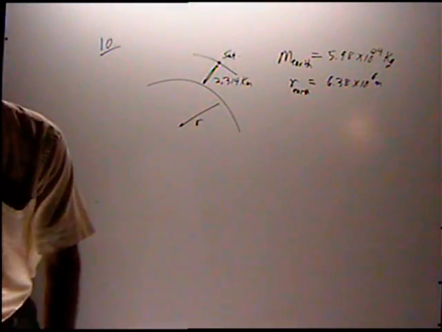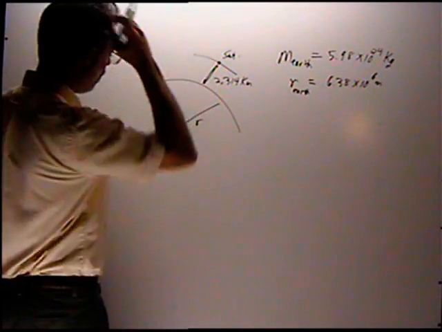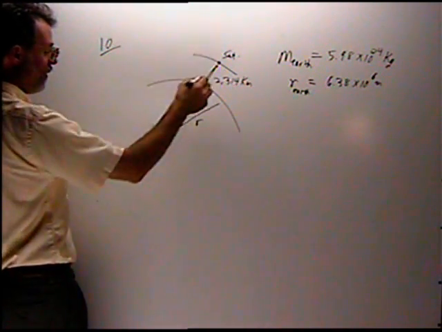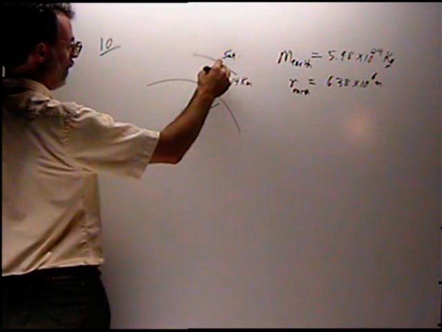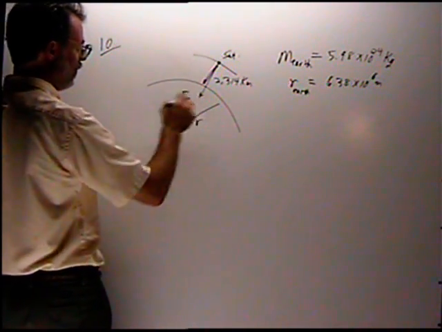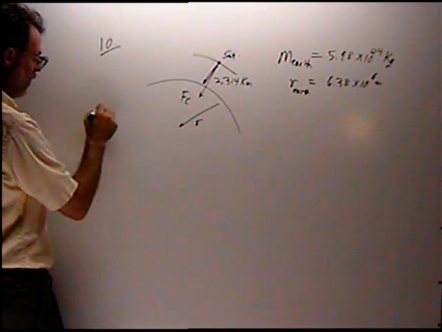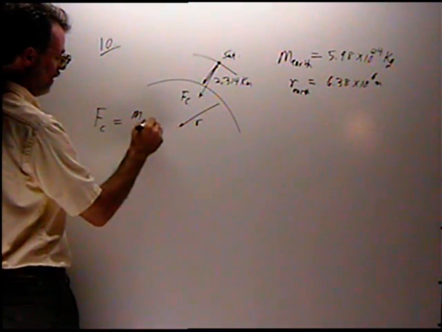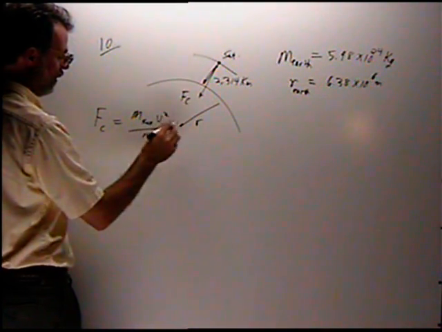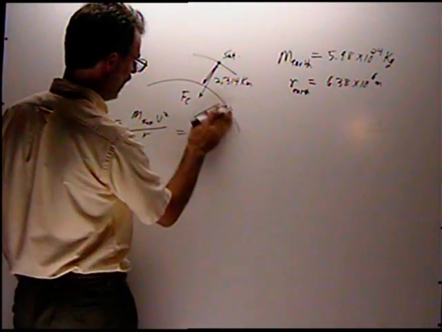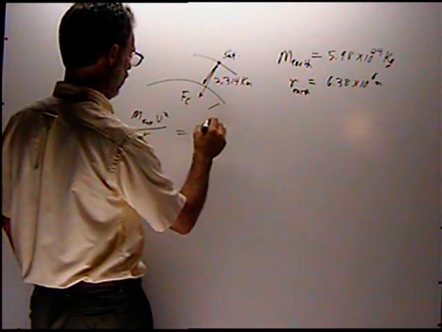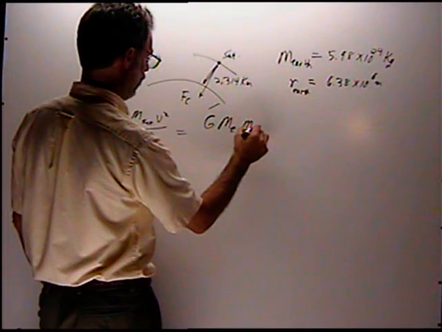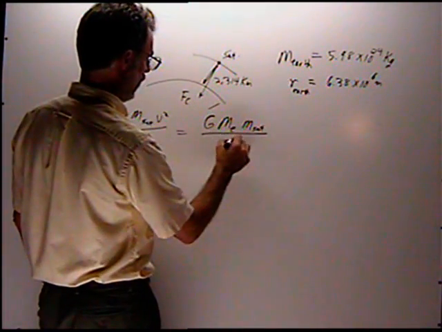Okay. Well, this is the very same kind of question here, where basically the centripetal force on the satellite, mass of the satellite times v squared over r, is supplied by the gravitational force, G times mass of the Earth times the mass of the satellite, divided by r squared.